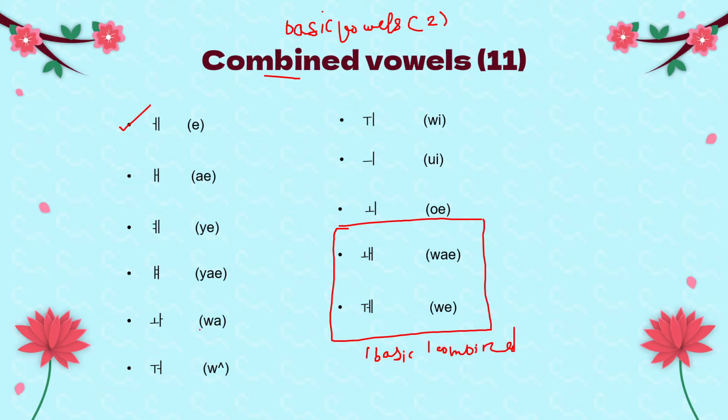And these two I'm not sure about, because I can't tell which two basic vowels it is combined of, since this can be a plus e, and this can be o plus e, sorry, e plus o also. That is why do not focus on how they're combined, you just have to memorize them.